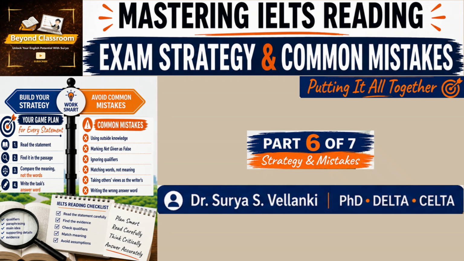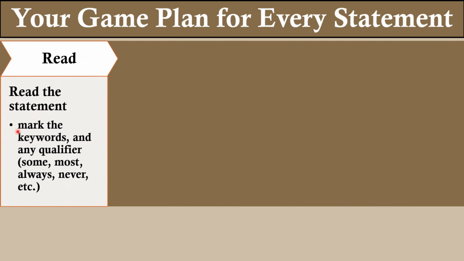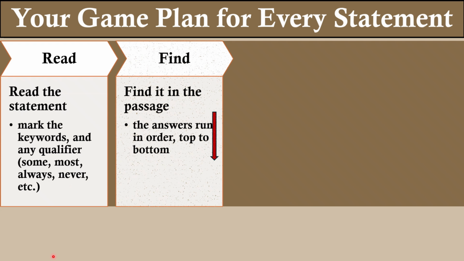Let's dive in. Here is a 4-step routine for every single statement you encounter. Step 1. Read the statement carefully and identify the keywords and any qualifiers such as some, most, always, or never. Step 2.